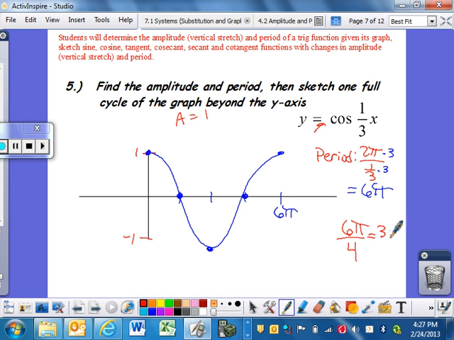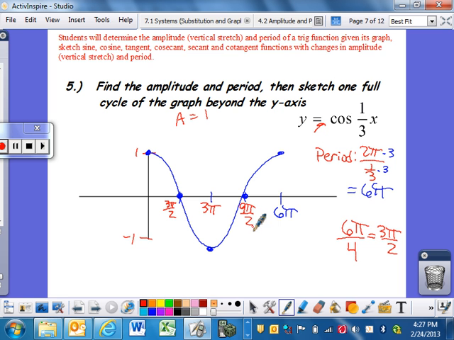So this is going to end up being 3 pi over 2. So I know my first increment is 3 pi over 2. If I add that again, that would end up being 6 pi over 2, which is 3 pi. 9 pi over 2. And then 12 pi over 2 would end up being your increments.